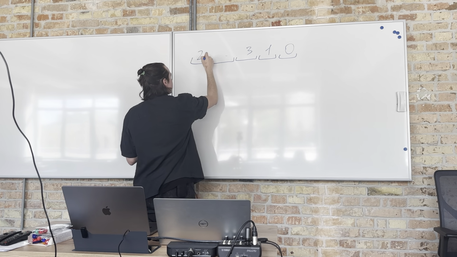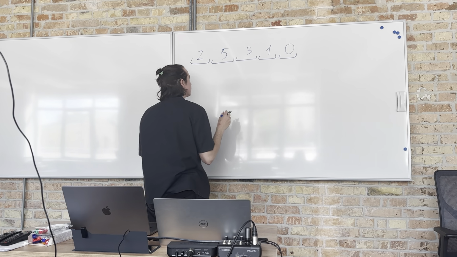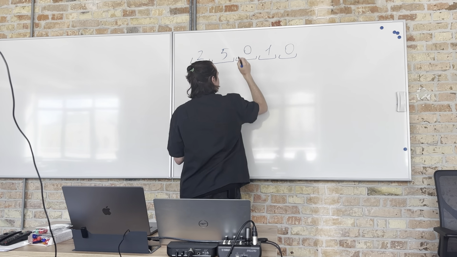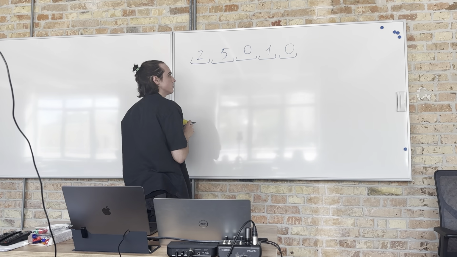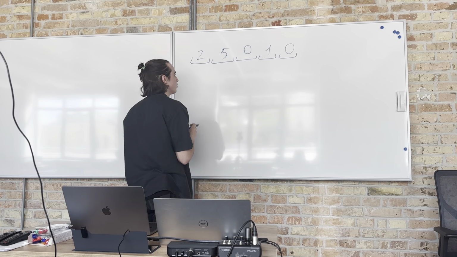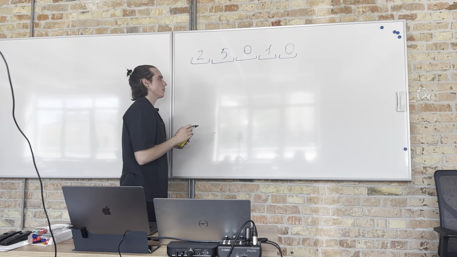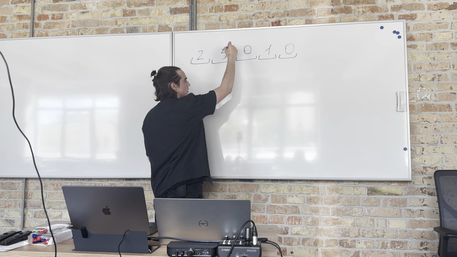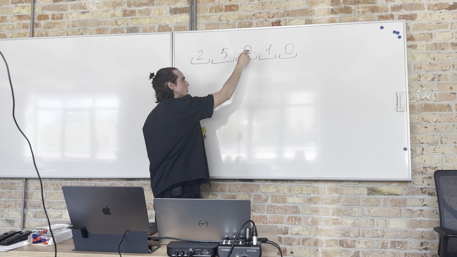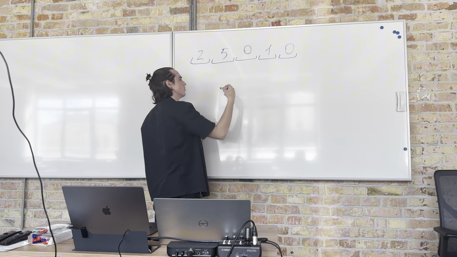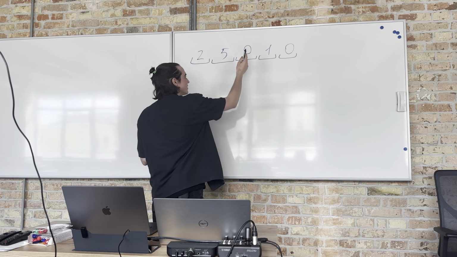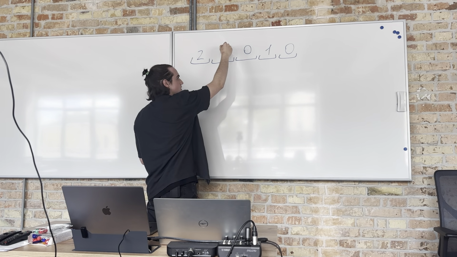Now we swap the two elements, and for example, here we have null, 0, not null. So what happens now? Now we check this element and this element, and we see that this element is less than this one.